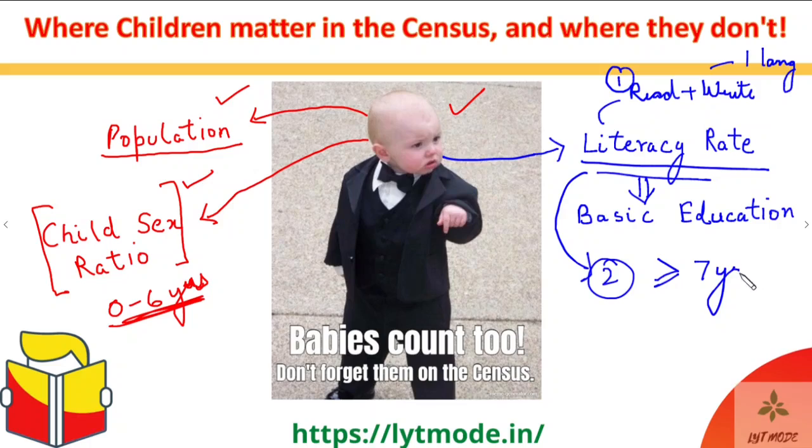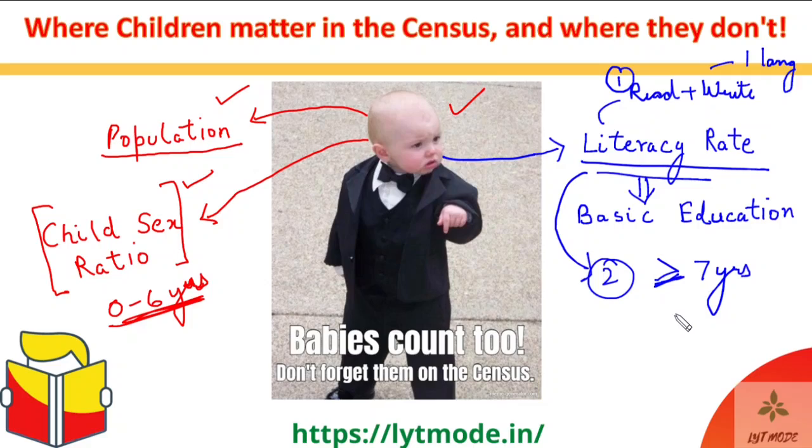Children of 4, 5, 6 years of age cannot read or write properly, not even in one language. They're still trying to learn their alphabets, and slowly trying to make words and then sentences.